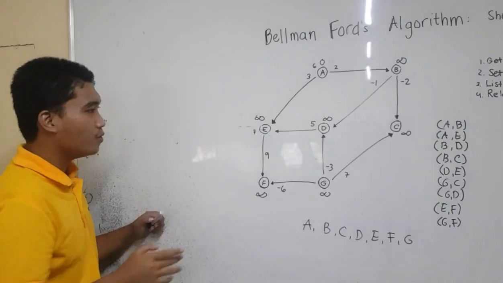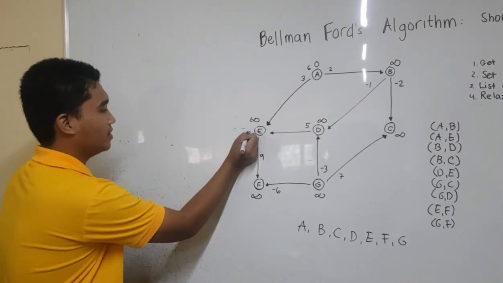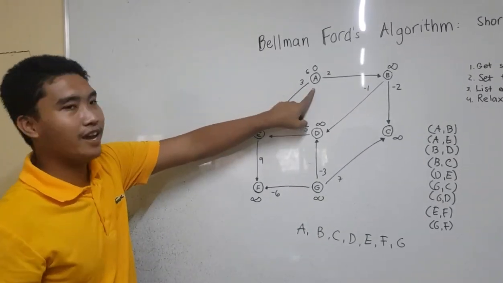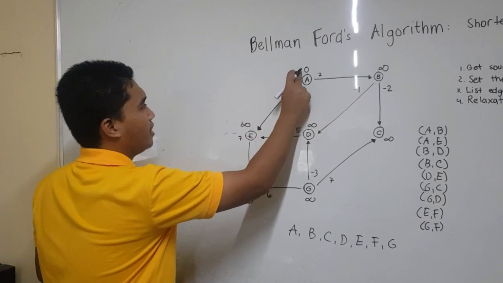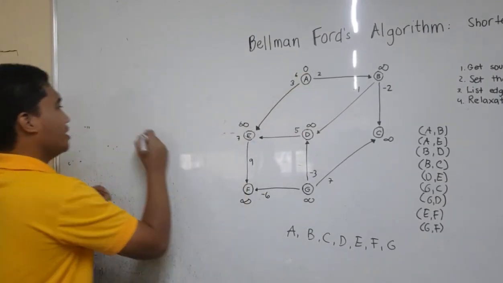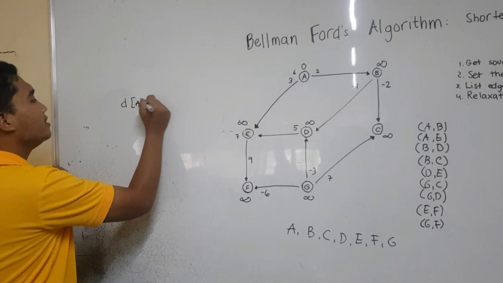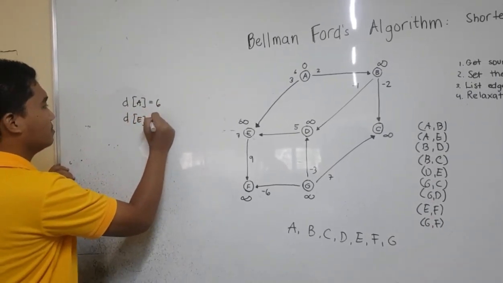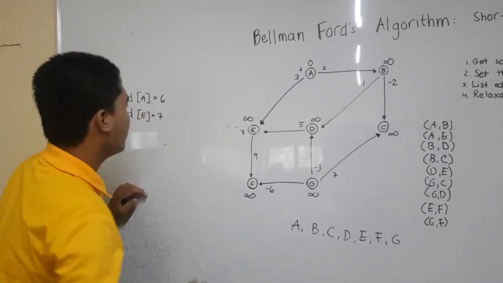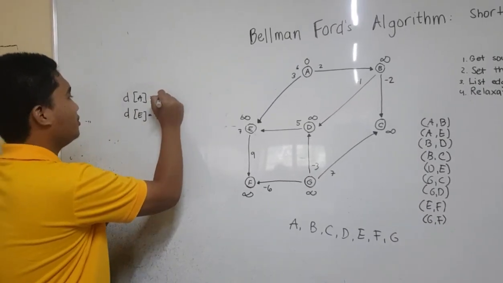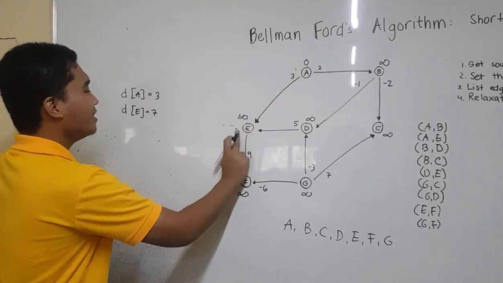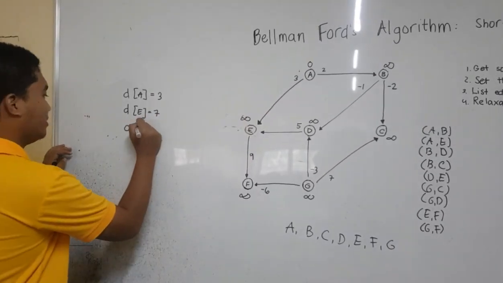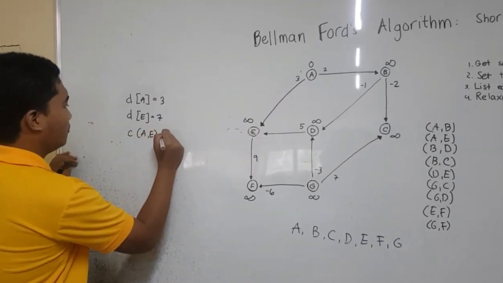For example, we set the distance of vertex E to 7. Then we set the distance of its neighboring vertex, let's say A, to 6. Or maybe we just set this to 3. Then the distance of the edge A to E, let's say, is 2.